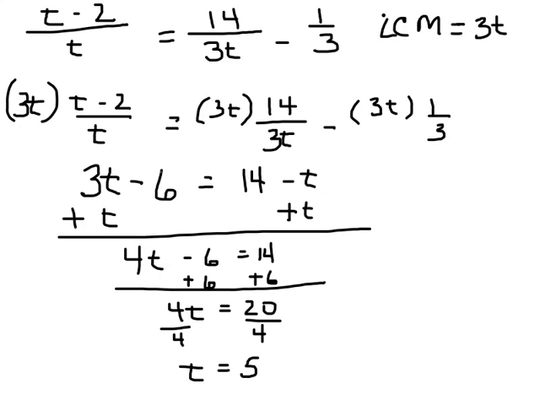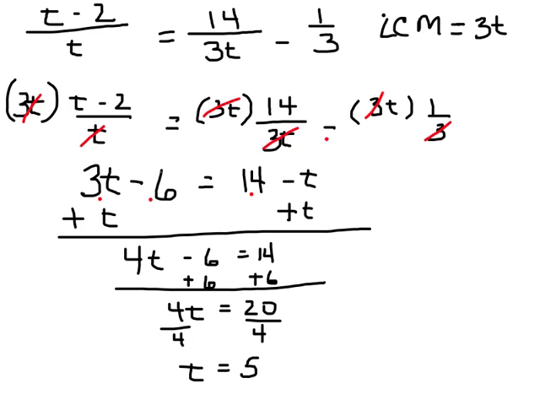Alright, so when we multiply every term by 3t, here, this t and this t are going to cancel out. We multiply 3 times what we have left. 3 times t is 3t. 3 times negative 2 is negative 6. Here, these are both going to cancel out, leaving us with only 14. And then minus, when we multiply here, the 3's are going to cancel out, and t times 1 is t.